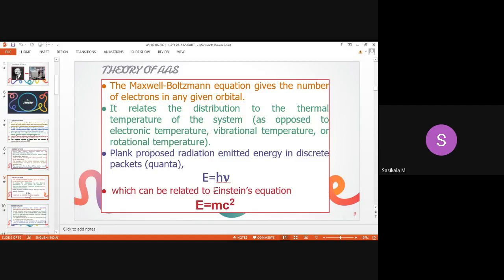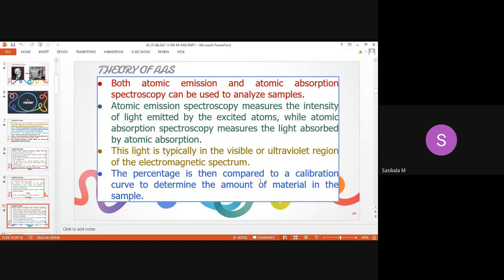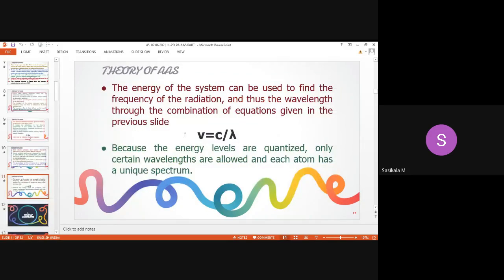This we have already seen in the first class about spectroscopy. You can go through that slide to know about E equal to h nu, which can be related to Einstein's equation, where energy is equal to mass times velocity squared, E equal to m c squared. Here c represents velocity and m represents mass. When you combine those two equations, we get nu equal to c by lambda.